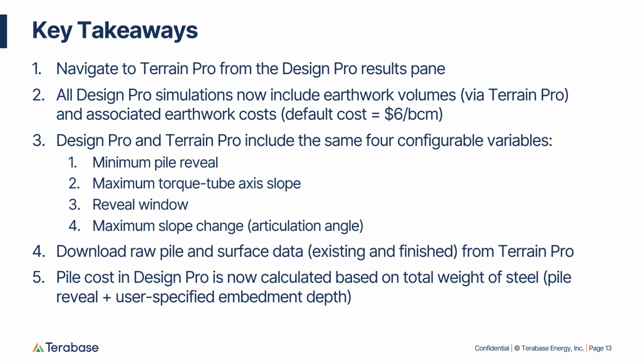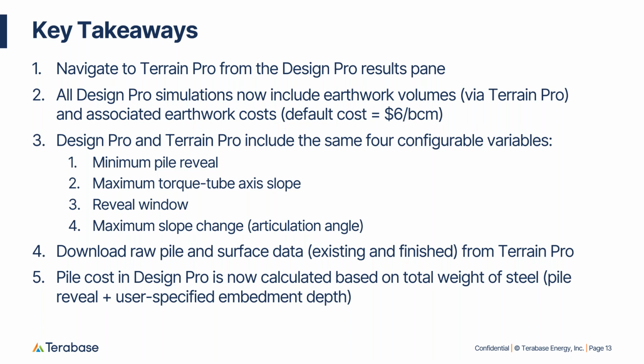These are some key takeaways from today. So we navigate to Terrain Pro from the Design Pro results pane. All Design Pro simulations now include earthwork volumes from Terrain Pro and associated earthwork costs. Our default cost is $6 per bank cubic meter, but that can be overridden.